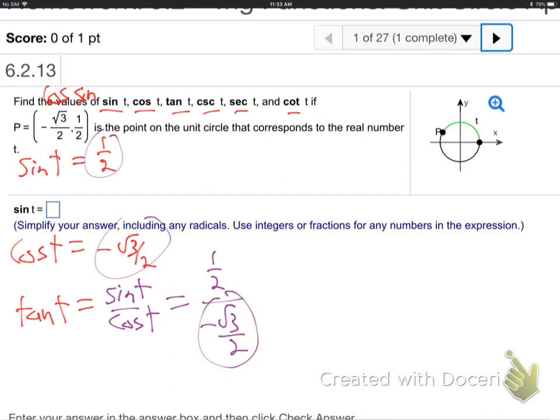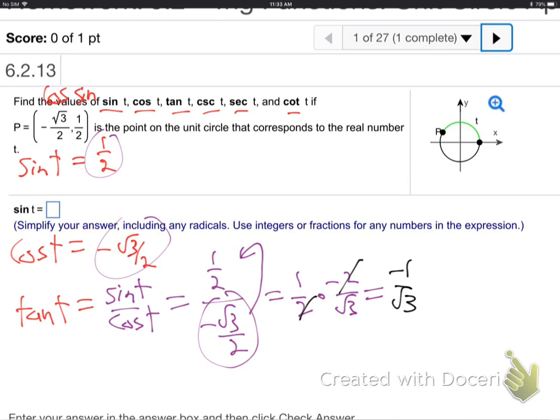I'm just going to do the same thing every time. I'm just going to flip that up. Remember, we just flip these upside down, and it becomes a half times negative 2 over root 3. Remember that? So I just grabbed that thing and flipped it up like that. And then how can we simplify? The 2's cancel, and you get negative 1 over root 3.